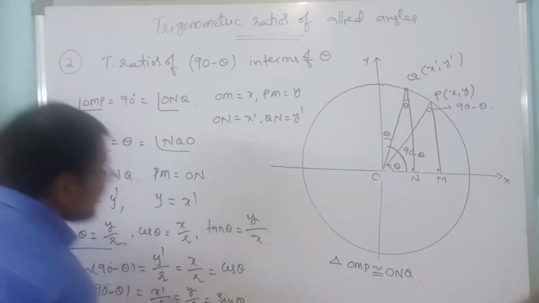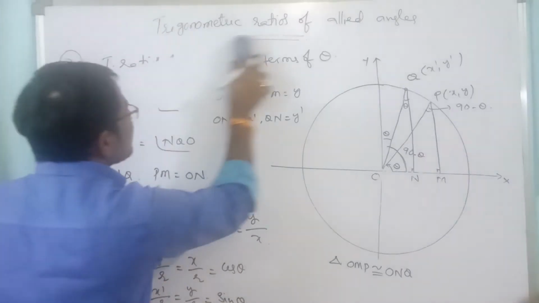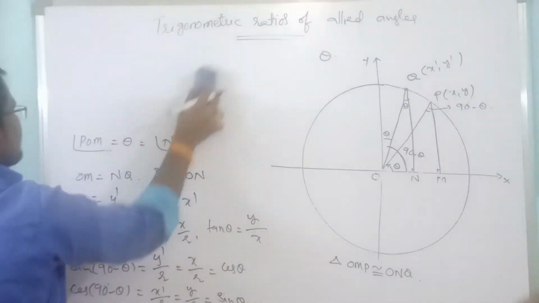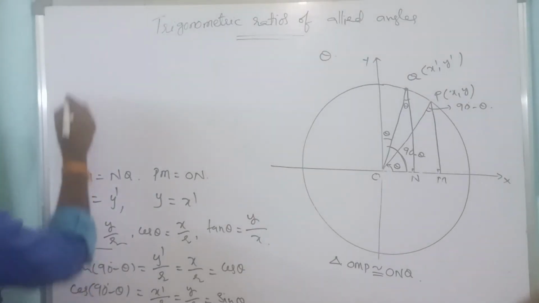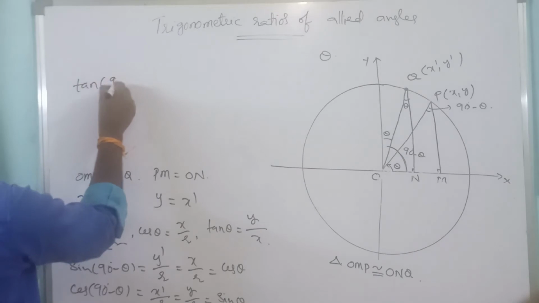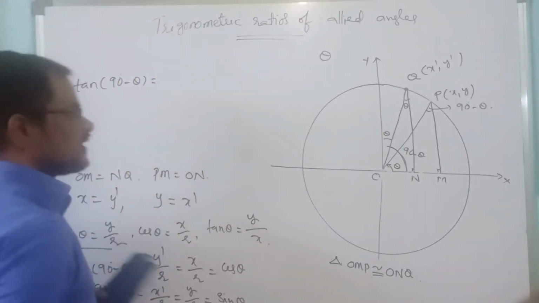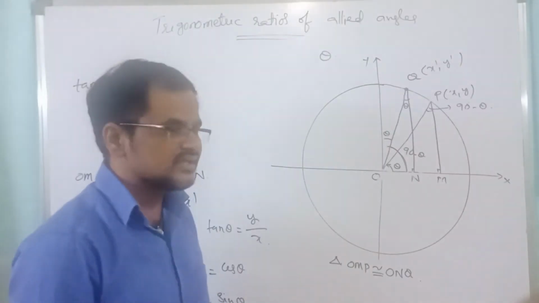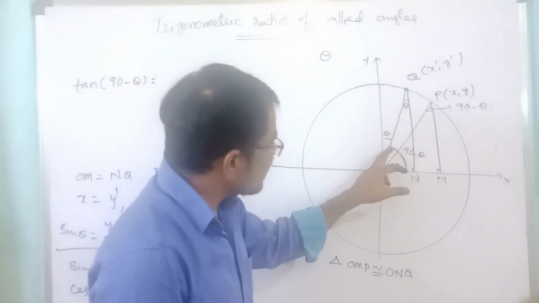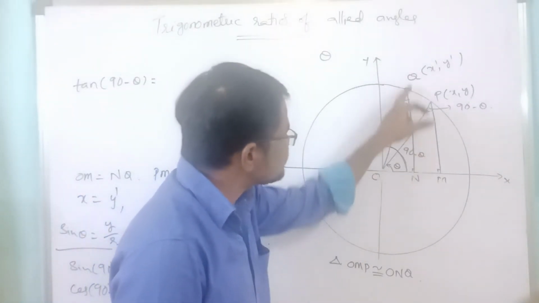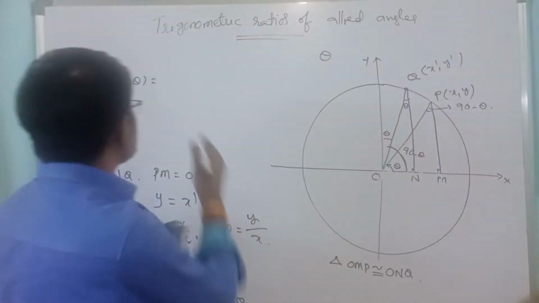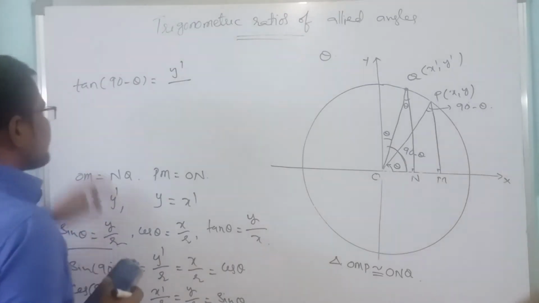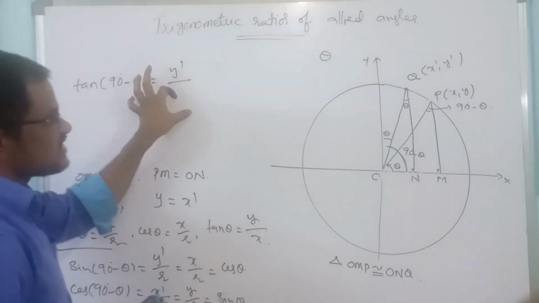Okay. Next, tan of 90 minus theta. From this triangle, take the opposite side, QN, which is y dash. The ratio of tan is opposite side by adjacent side.